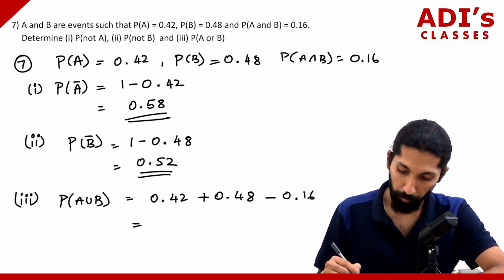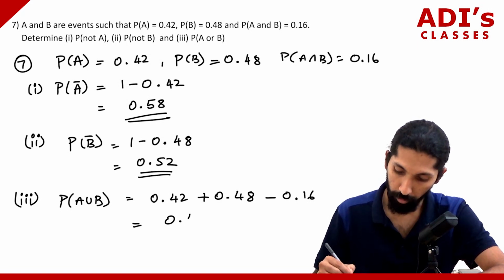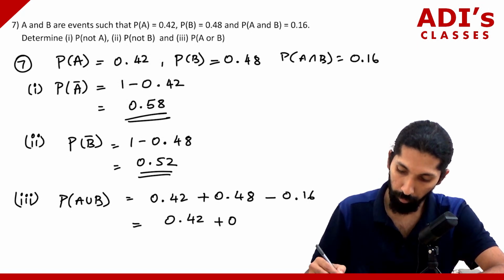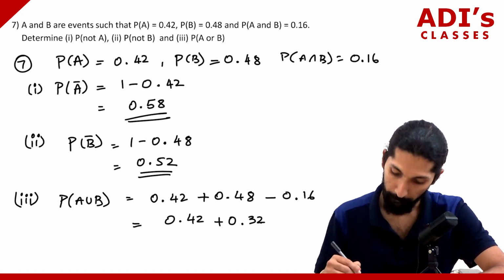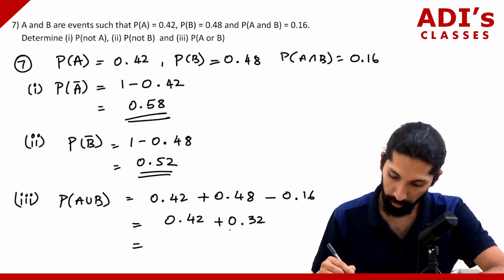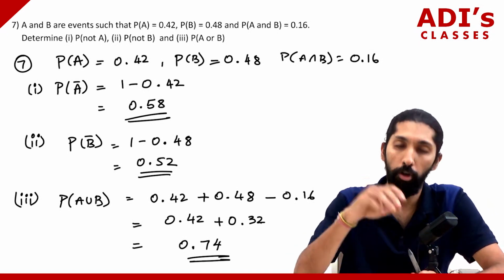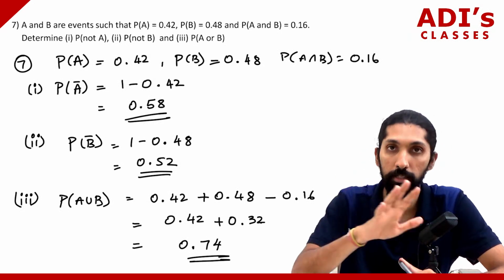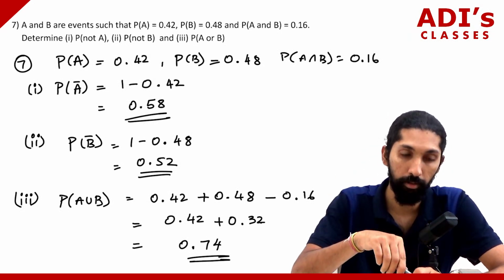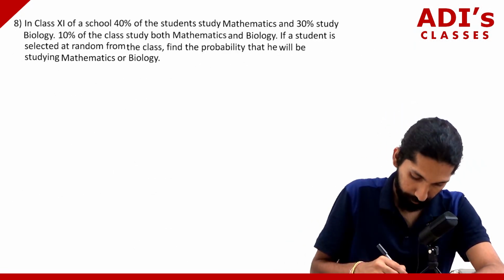See, 0.42 plus 0.48, or we can also do 0.42 plus 0.32, that is 0.48 minus 0.16. So if you add this, you're going to get 0.74. So this is the answer for the seventh one. Normal formula, direct addition and subtraction, nothing else. Very simple. All right. Now let's do the eighth one. See the eighth one.